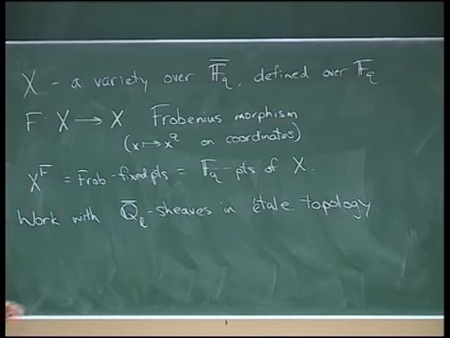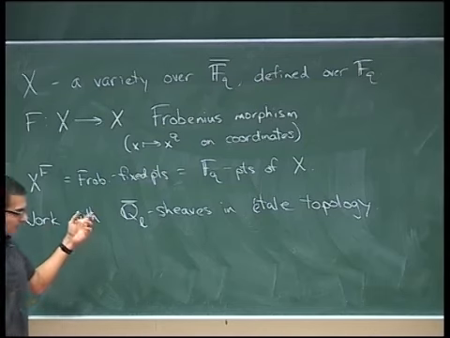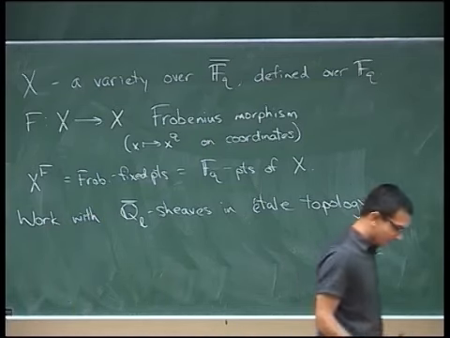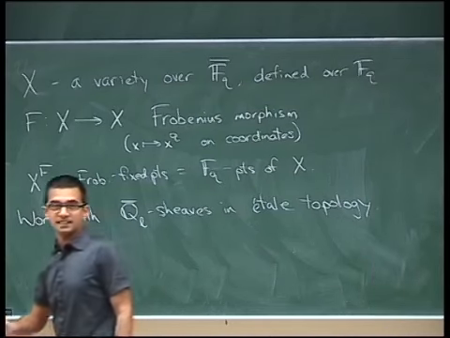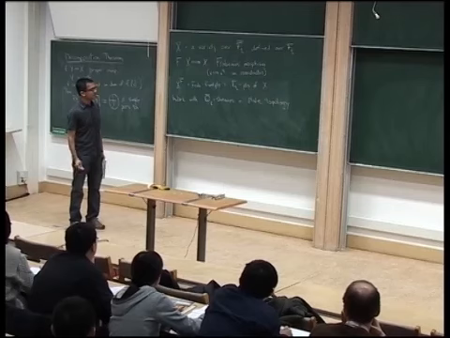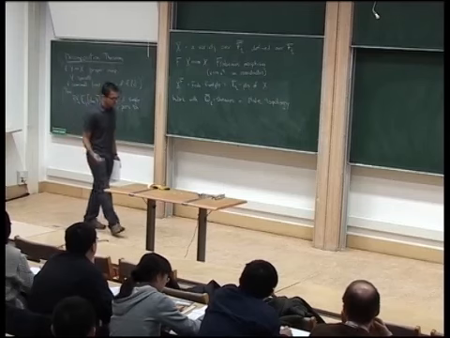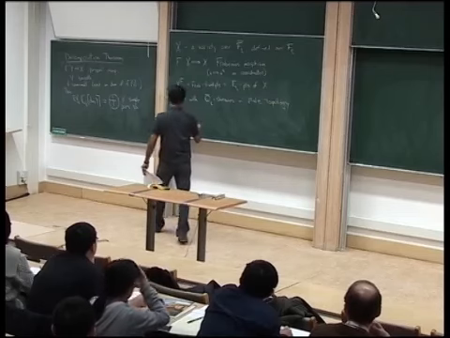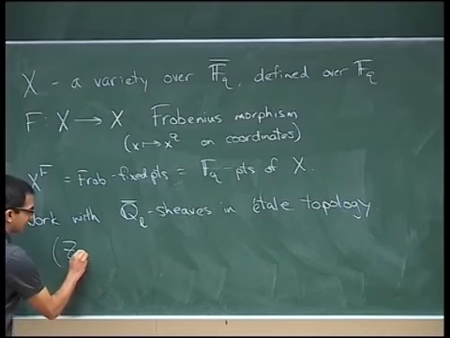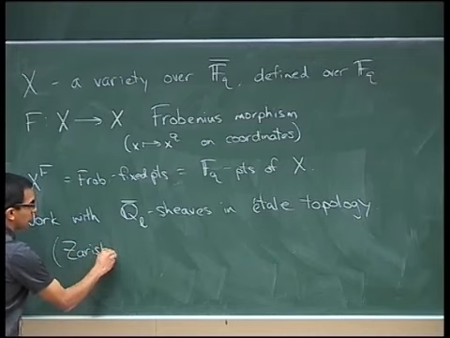So the first problem, I mean, up until today, I've mostly been talking about complex varieties with the classical topology. And whenever we want to talk about constructible sheaves and perverse sheaves and stuff in algebraic geometry, the first problem you have is that the Zariski topology has way too few open sets.